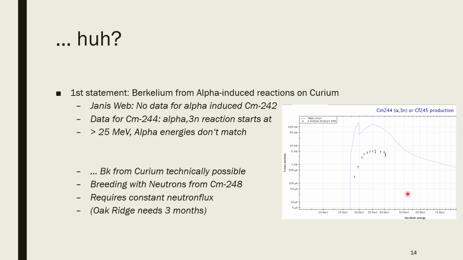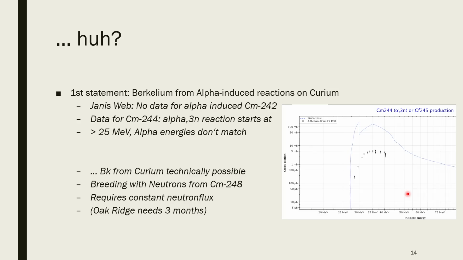However, berkelium from curium is technically possible. They stated that. But it's just not possible with the curium-244, 243 or 242 isotope. It's only possible for curium-248, which would then be bred into curium-249, which can then decay upwards. But just to give you some context, it requires a really high and constant neutron flux.